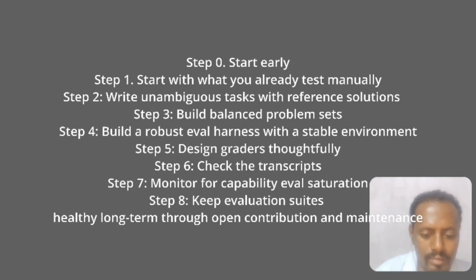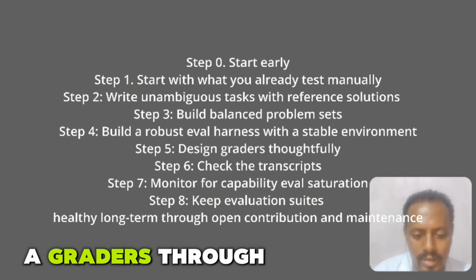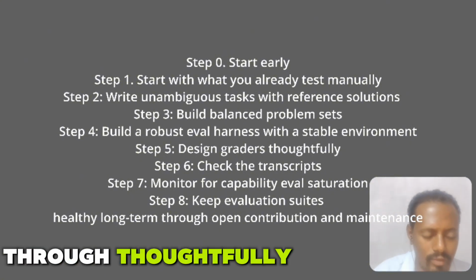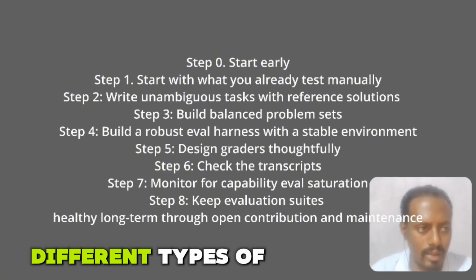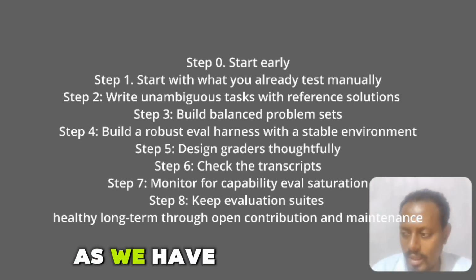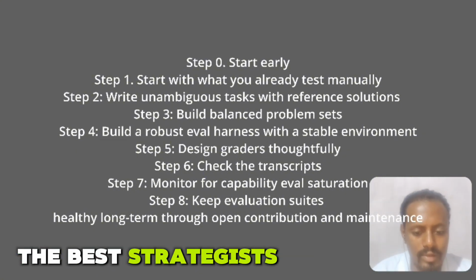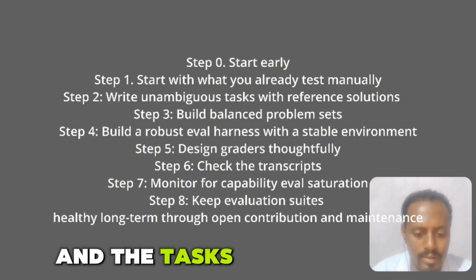previous run. And step 5 is designing graders thoughtfully. We have seen the different types of graders, so we have to design them at step 5. As we have discussed the grader patterns, good eval design involves choosing the best graders for the agents and the tasks.